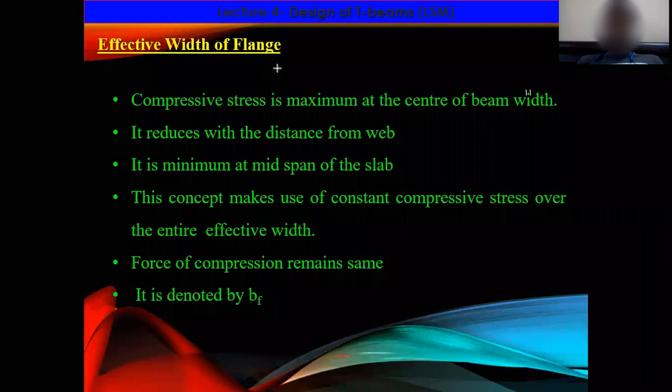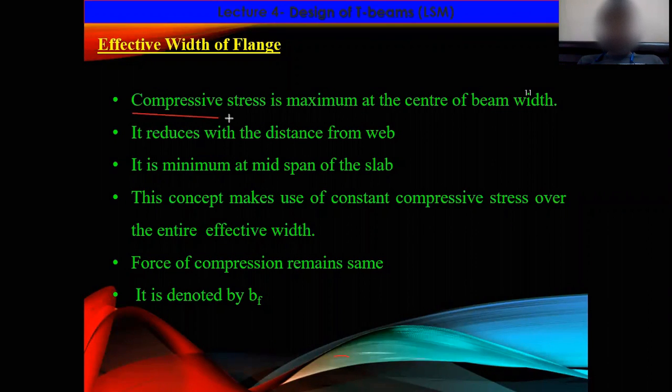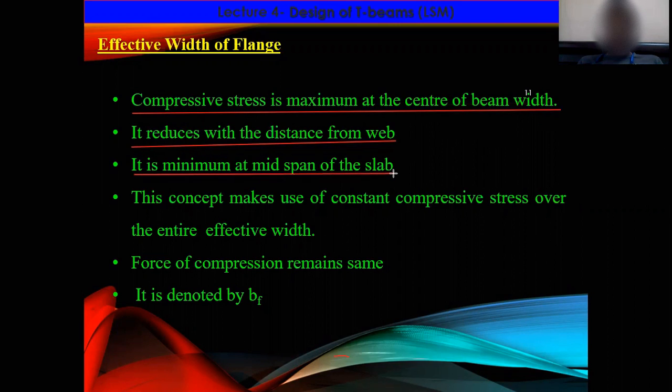So, effective width of the flange: the compressive stress is maximum at the center of the width of the beam, and it reduces with the distance. So it is minimum at the mid-span of the slab. Maximum at the center of the width of the beam and minimum at the mid-span of the slab.